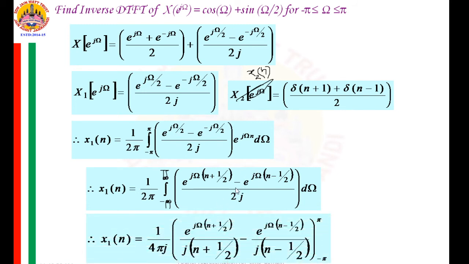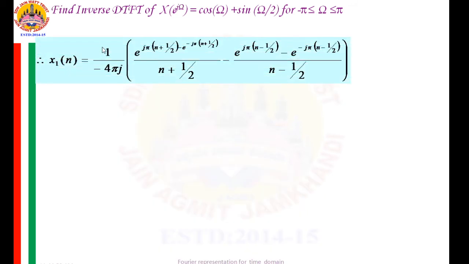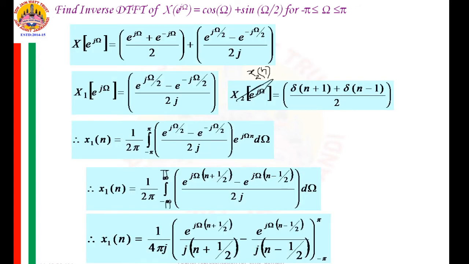Now when you integrate this, 2j you take outside, as I said it is 1/4 pi j. Now when you integrate this with respect to ohm, its integration is e raised to j ohm n plus 1/2 upon j into n plus 1/2 minus e raised to j ohm n minus 1/2 by j into n minus 1/2. So limits are from minus pi to plus pi. Now after substituting the limits in this expression, you get this 1 upon, just to go back here, see here, this is j term, you take it outside here.